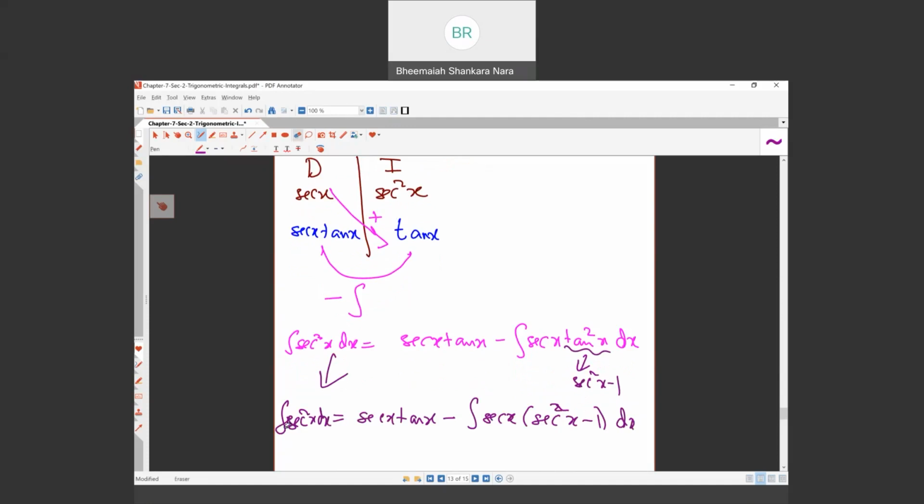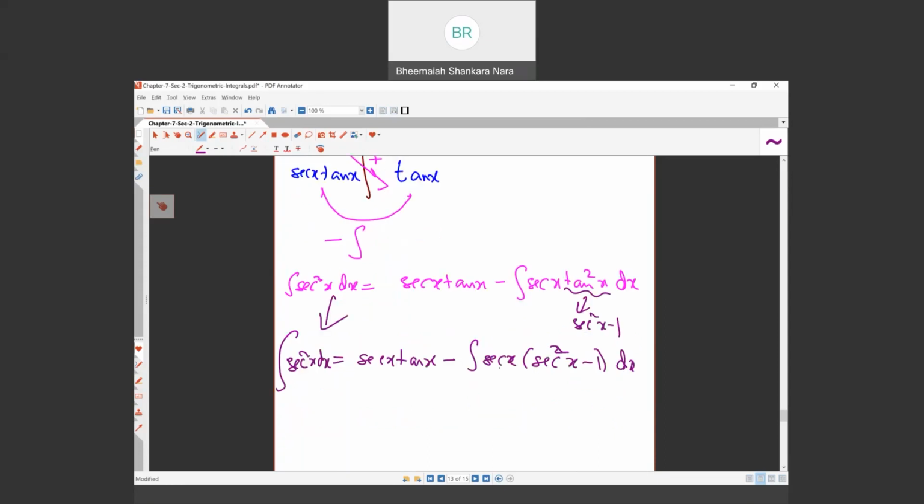Bring this down, secant square x dx. This will be the integral sign, so let me separate this. Now multiply this secant times secant square. This is secant cube. And rewrite the integral for this one, what we assumed in the starting. We rename the integral as integral j. Bring all the terms down, secant x tan x.